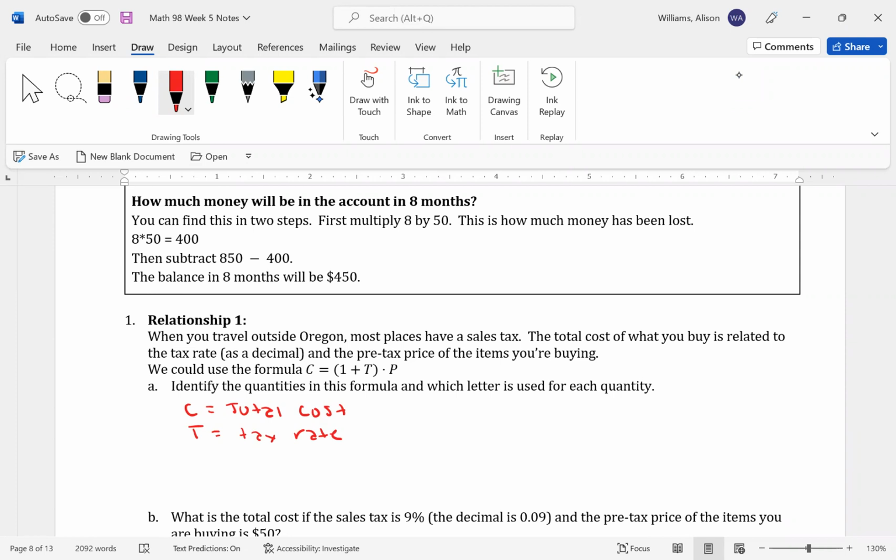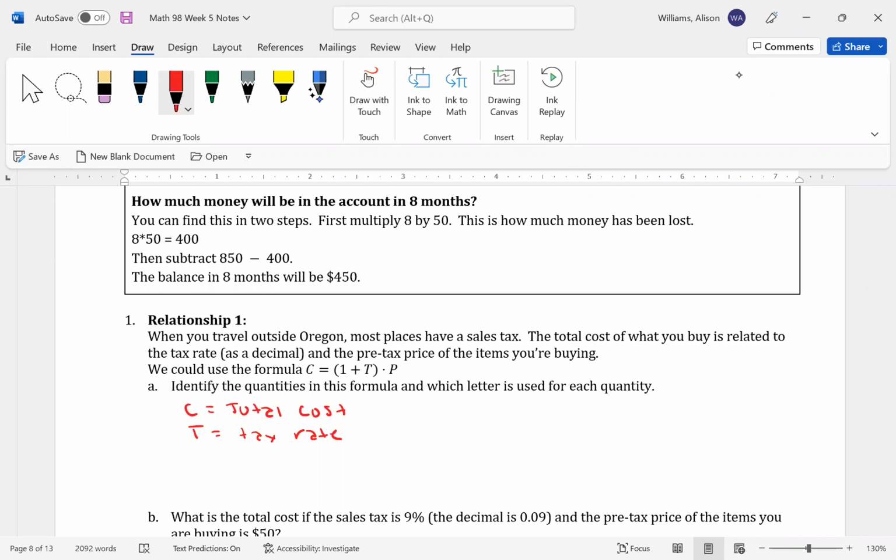So most places have, like, a 7% sales tax rate, right? Most taxes are written as percents. So the fact that they added it to 1 is telling me that they're taking the percent that they want to increase the price by and adding it to 100%. So we're going to pay the original cost plus an additional little percent tax.